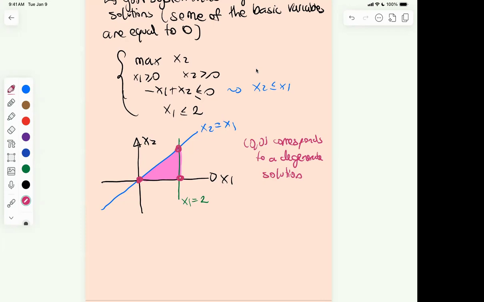It's not special, so degenerate doesn't have any moral connotations, though it's kind of weird how the name degenerate became like an insult; there must be a history of why the word got used that way. But I'm just saying it is called degenerate because it's not generic, and because generically you expect three lines to intersect at distinct points and not pass through exactly the same point.